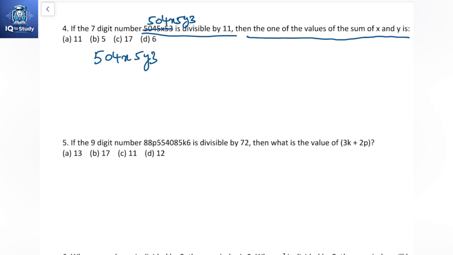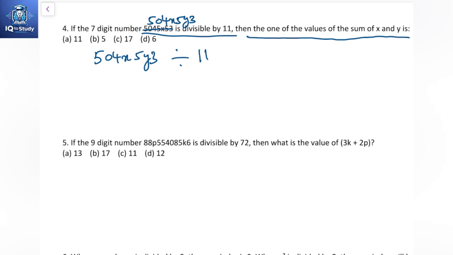According to the question, the number is divisible by 11. We know the divisibility rule of 11 is that the difference of the sum of digits at even places and at odd places is 0 or completely divisible by 11. Let's check with that.